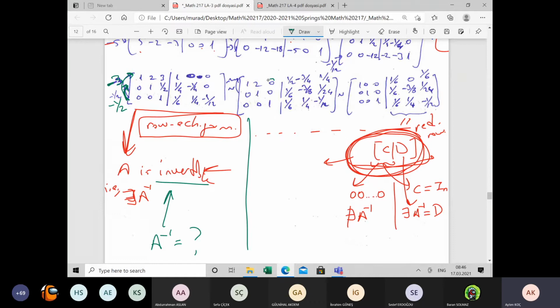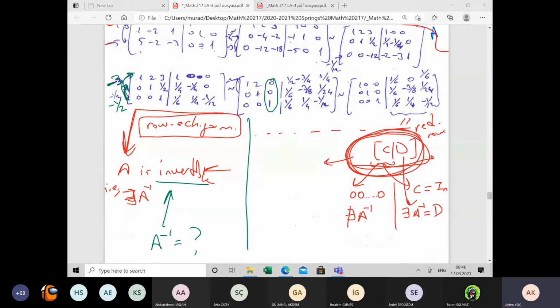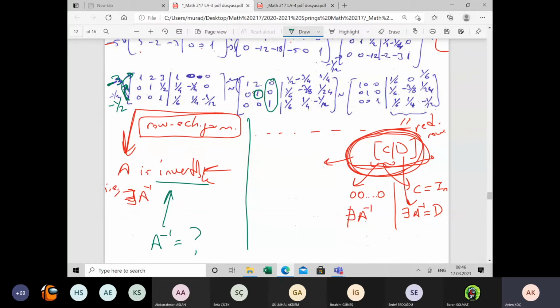What's the next step? The previous leading one. Our aim is to get 0 here. How to get 0 here? Take the leading one, multiply by -2, add to the first row, and we obtain this. Look at the first part.